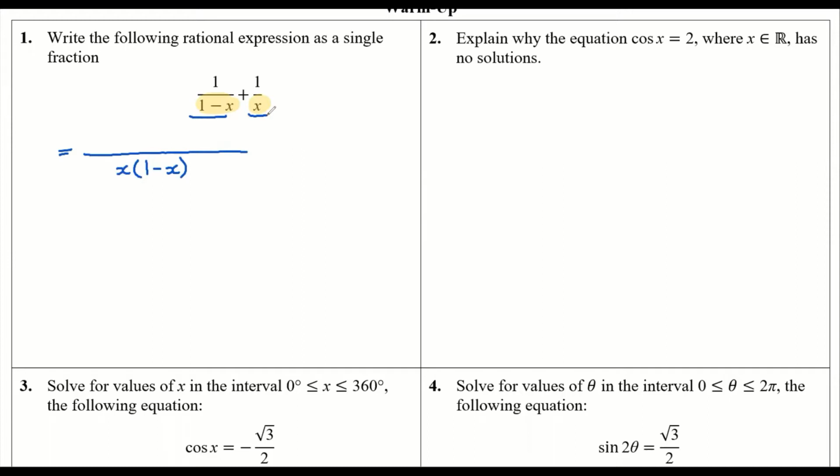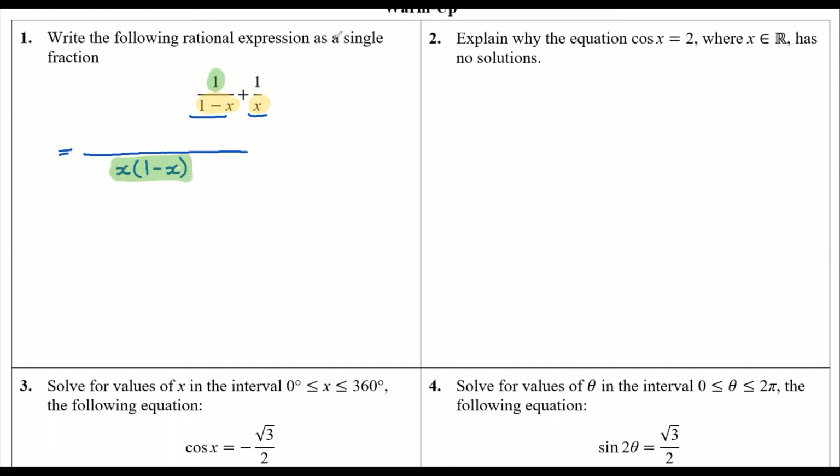When we do that, we have to compensate and keep the fraction in proportion. So we think, what have we multiplied the numerator by in the first fraction here in order to generate this expression here? Well, because the denominator is 1 subtract x, that's already present in the denominator, but we have multiplied it by x.